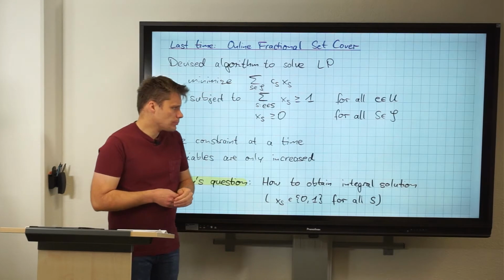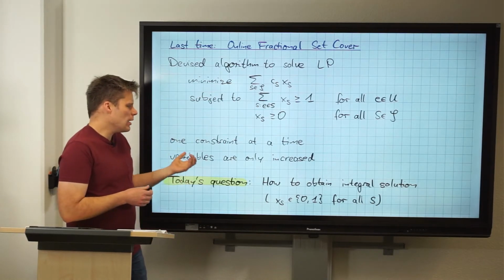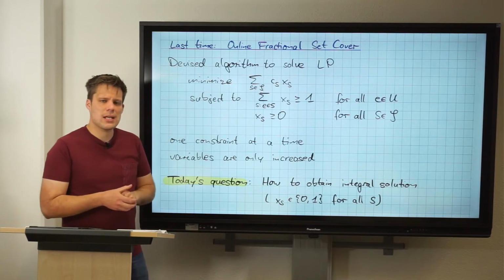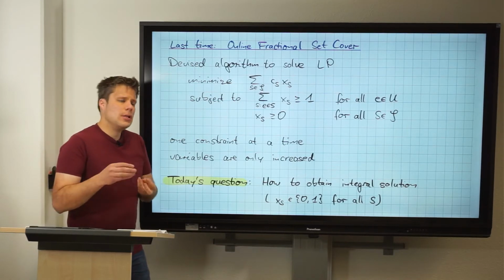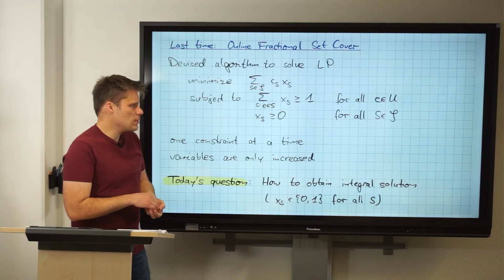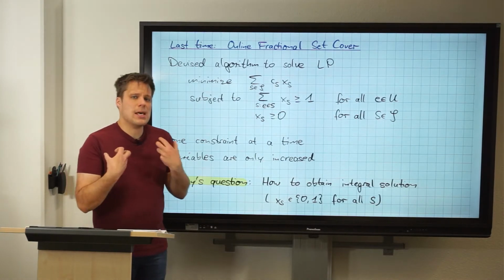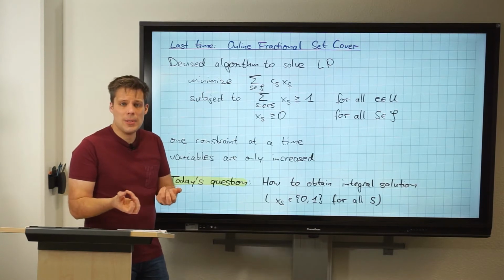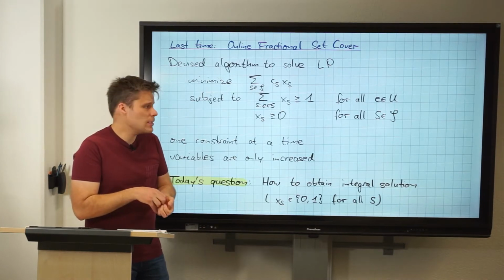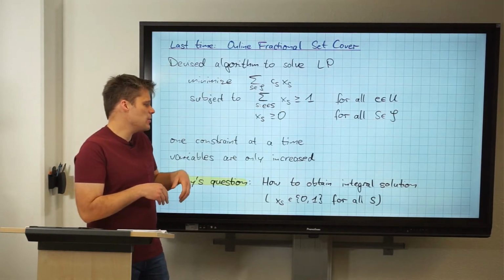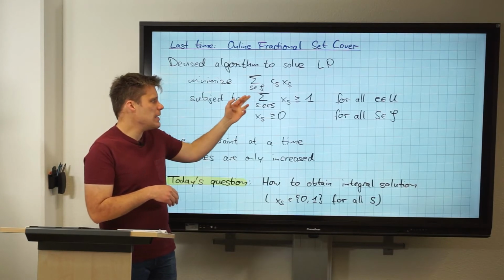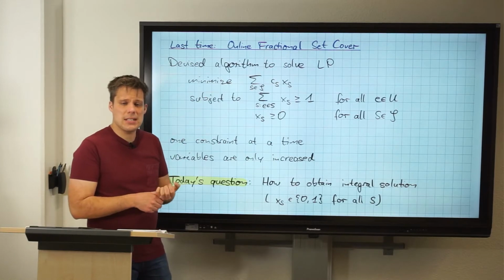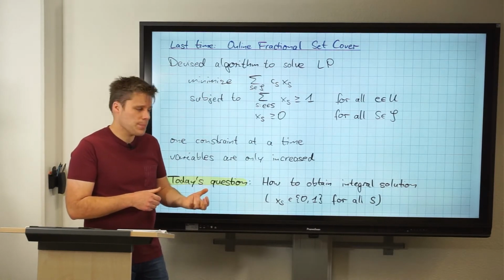Online, we get to see one of these constraints at a time. Only when we see an element do we get to know how we can cover it, and then we may have to increase the variables so that this element is indeed covered.